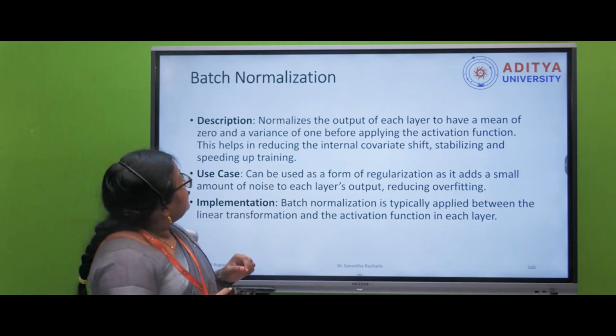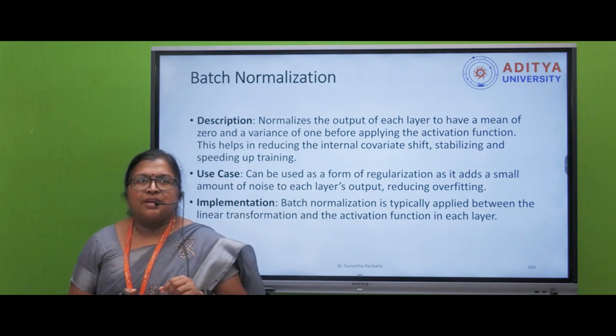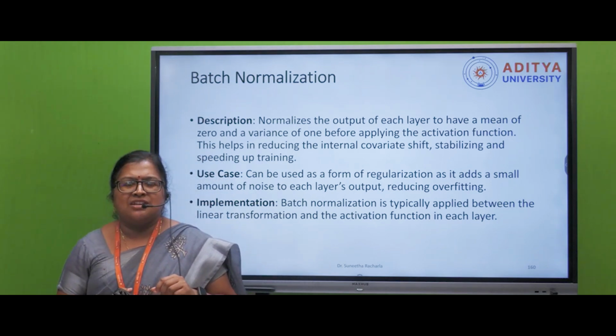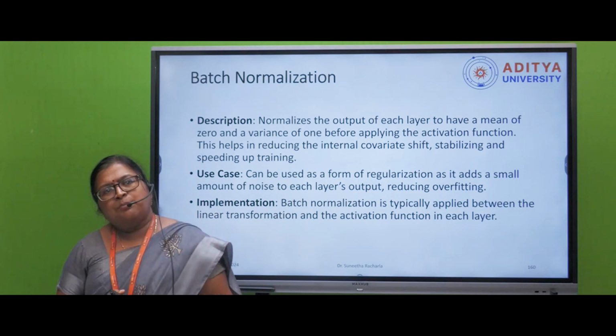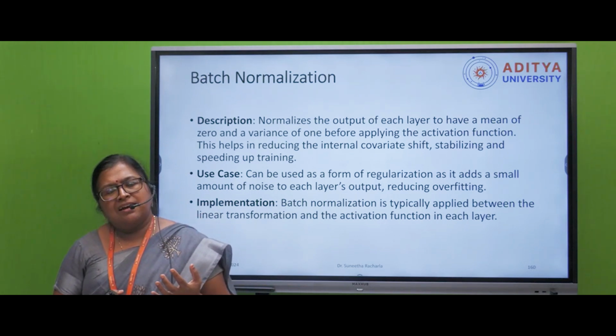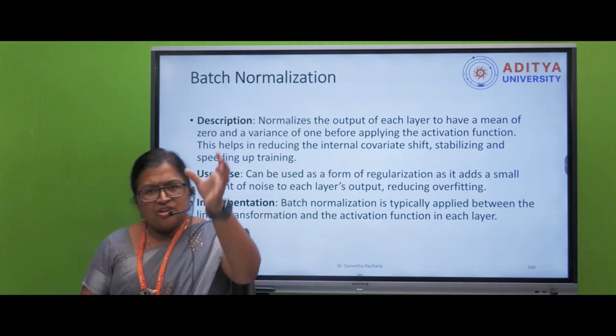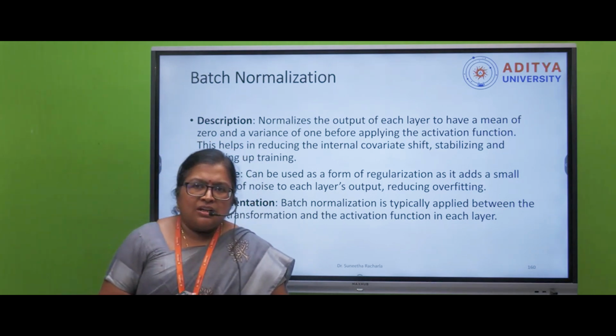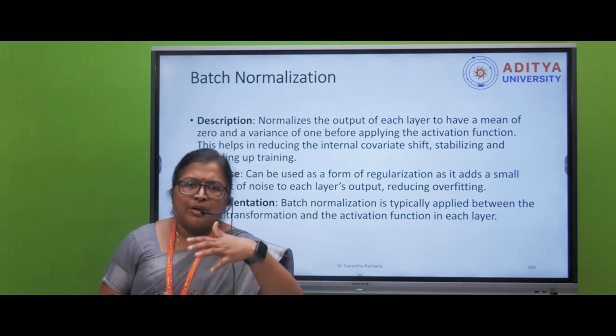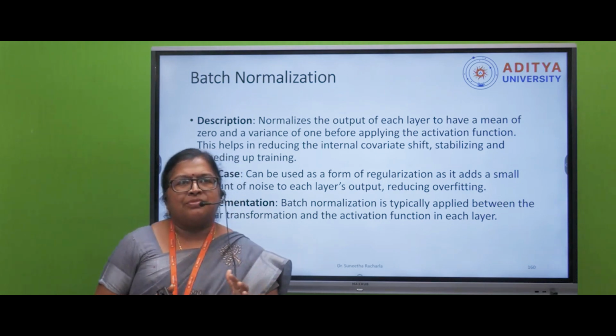And the next one is batch normalization. Batch normalization is nothing but, whatever nodes or data points or information you have in your layers, you make sure that all the points have the same consistency at the same level.